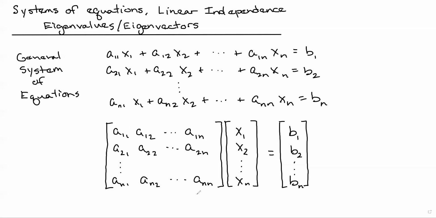And you just do that down the line, and what you'll end up with is an n by 1 vector equal to this n by 1 vector, and when you set those equal on each side, you'll get this equal to b1 and this equal to b2 and so on. Okay, so this is the matrix form for a system of equations.